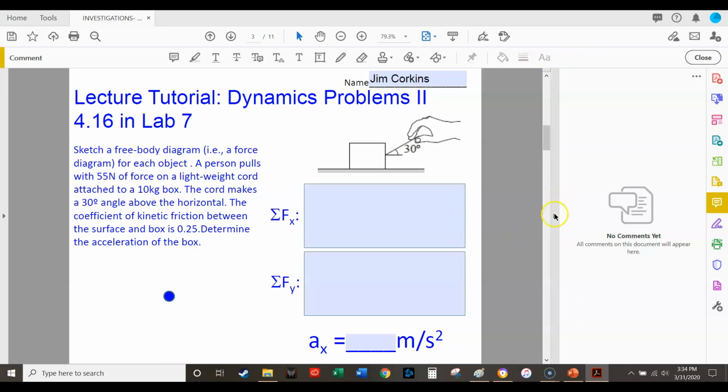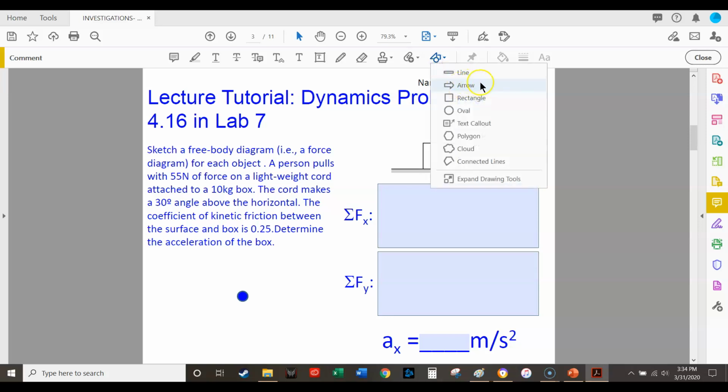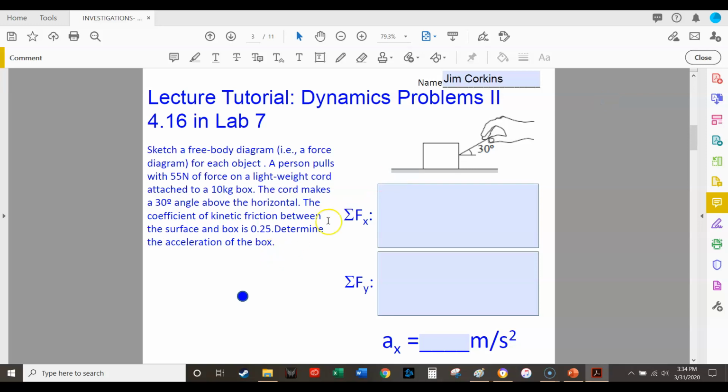I'm going to click on this arrow and push it back, so now I have a large area to work with. The tools I'm going to be using are the text box, the pencil, the eraser if I make a mistake, but most importantly the drawing tools. In the drawing tools, I'll be using a lot of lines. All right, so let's go ahead and do our force diagram.